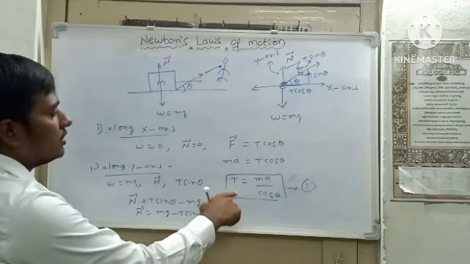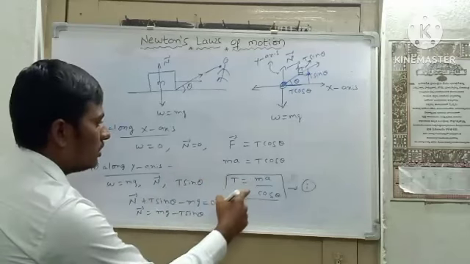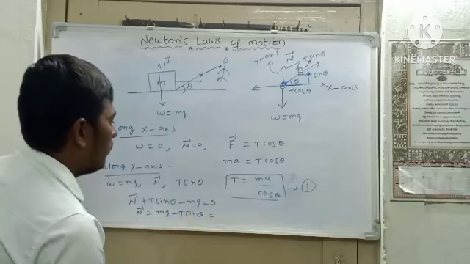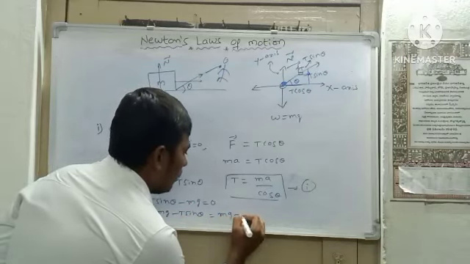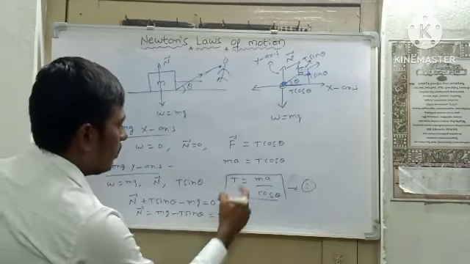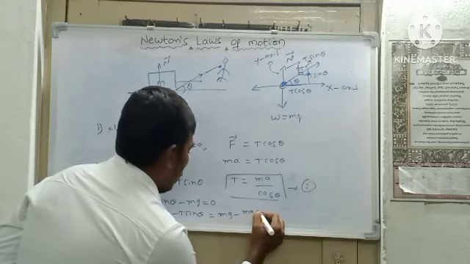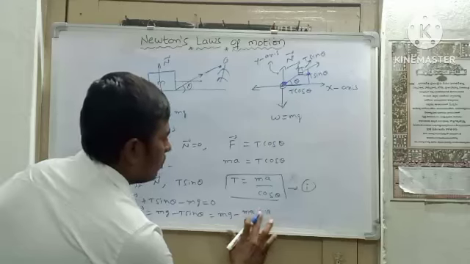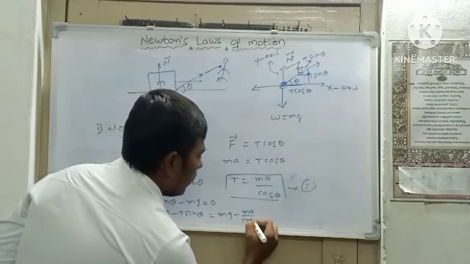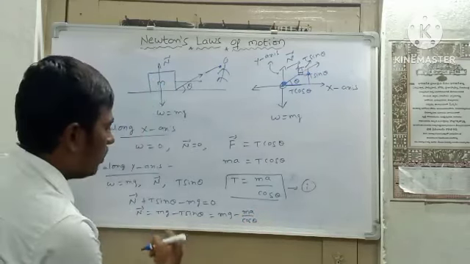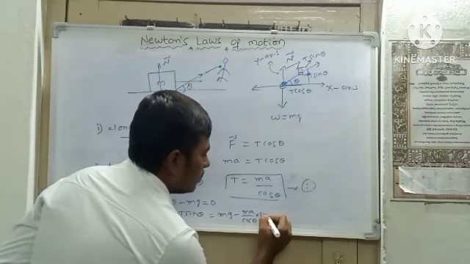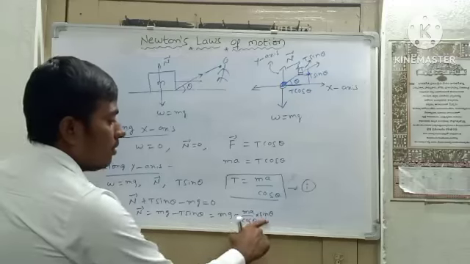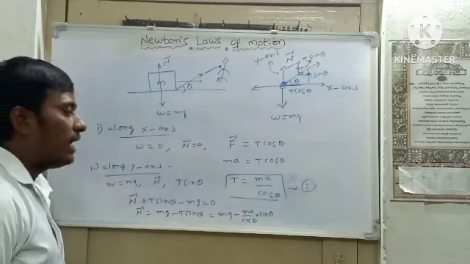Already we have derived the tension here. So tension T equal to MA by cos theta. Substitute in this equation mg minus T sin theta. T means what? MA by cos theta, into sin theta. According to trigonometry, sin theta by cos theta gives tan theta.